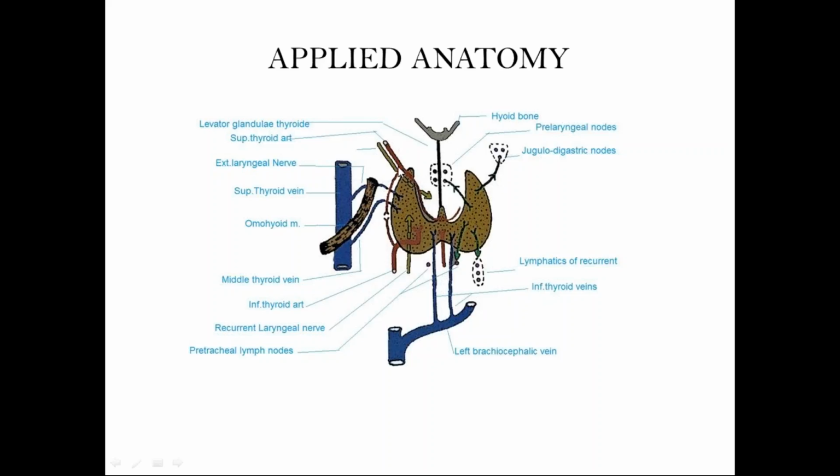So what is happening? The artery and nerve are diverging near the apex. They are separating near the apex. Whenever you apply a ligature, you need to take care that the nerve is never included in the ligature, because once the nerve is included, it will be permanently damaged.